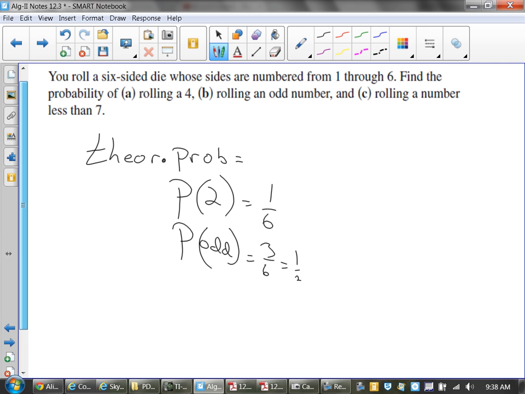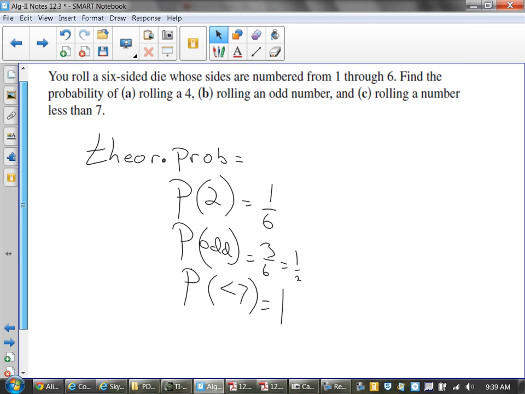What would be the probability of rolling less than a 7? 100%. These are what would be considered a theoretical probability.